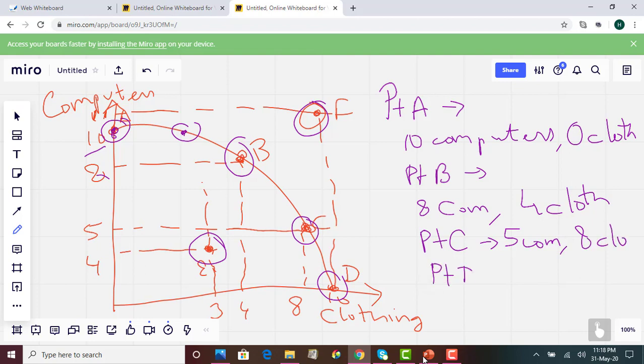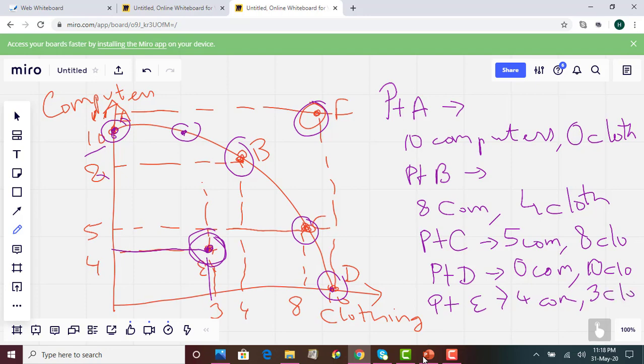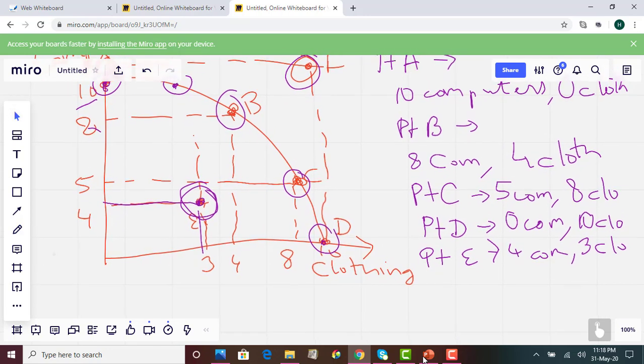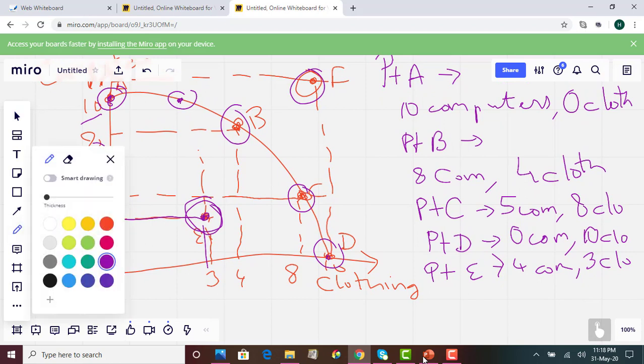Point D is 0 computers, because it's on the x-axis, and 10 clothing. Then we have point E, which is 4 computers and 3 clothing. And finally, we have one last point, which is point F.